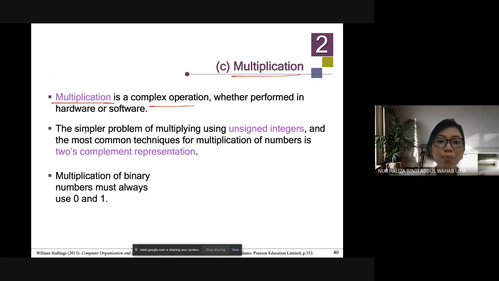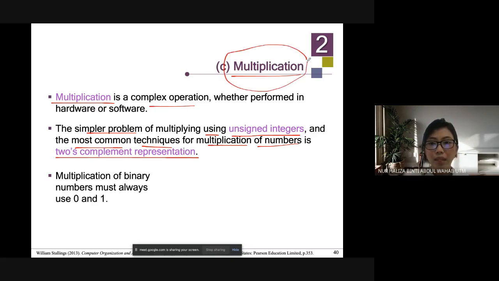So the simpler problem of multiplication uses unsigned integers, and the most common technique for multiplication of numbers is second complement representation. In multiplication too we will use second complement. We're going to apply our second complement although we are using multiplication.